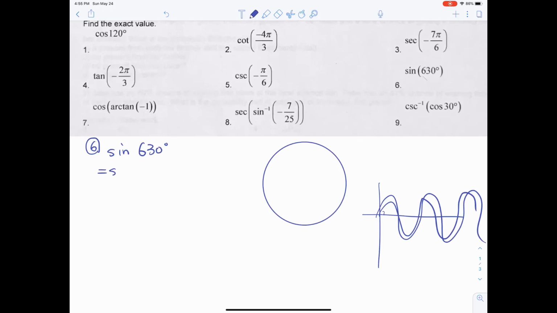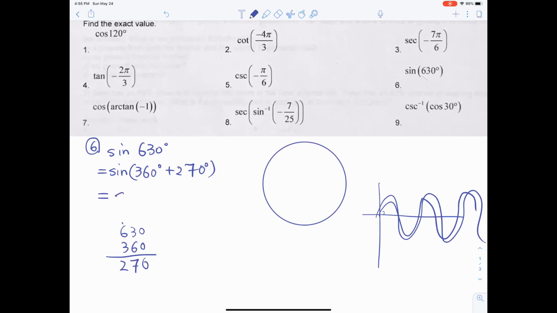Equal to sine of 360 degrees plus 270, because it's a repeating number, right?